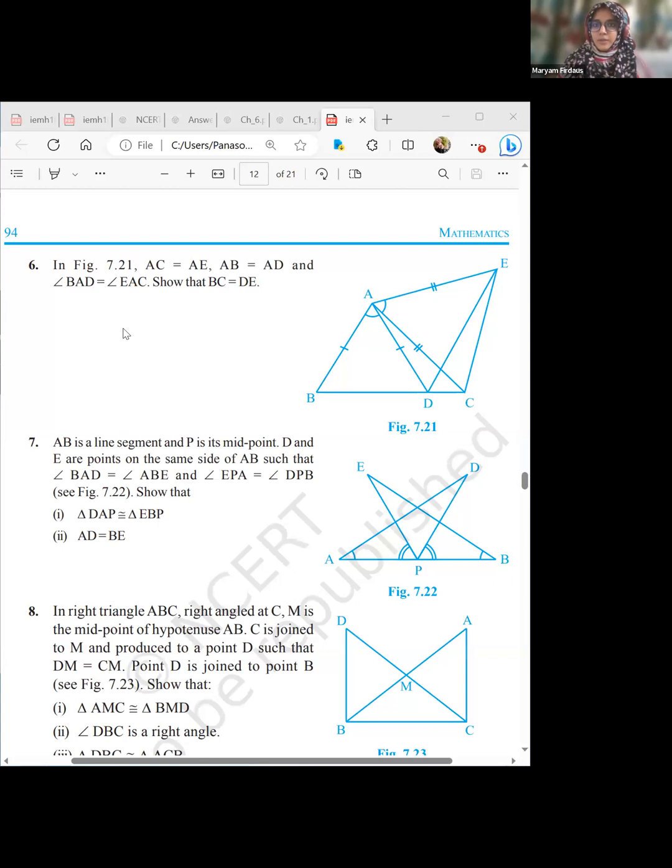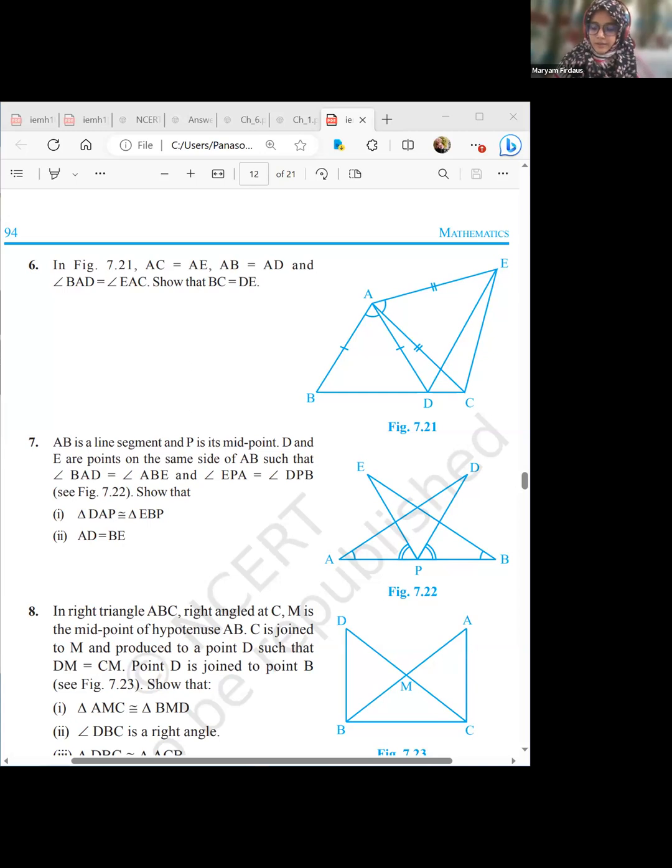Fine. So in this question, we have something that looks like a quadrilateral. It is a quadrilateral. Okay, and we have this.